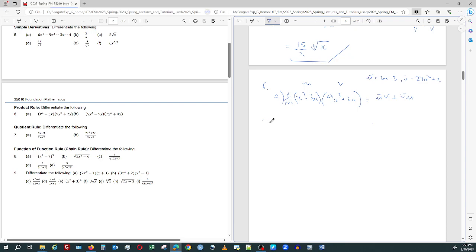So now we can say this equals 2x minus 3 times 9x cubed plus 27x squared plus 2 times x squared minus 3x.